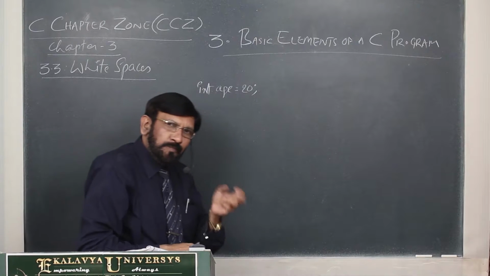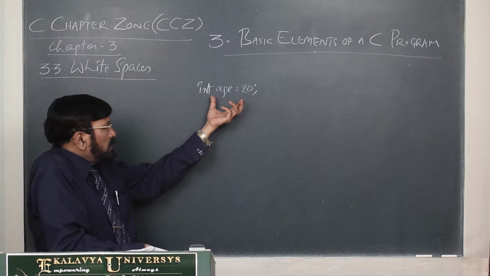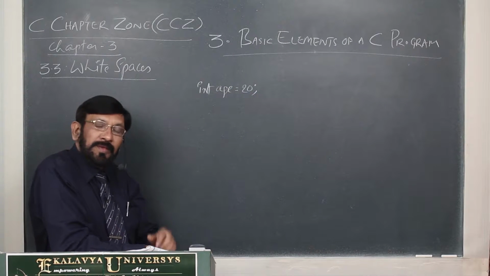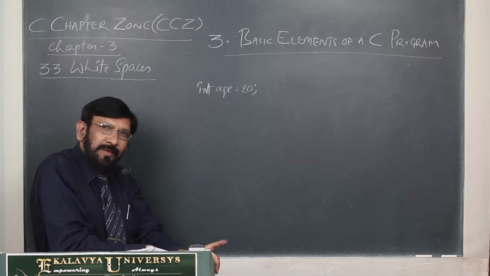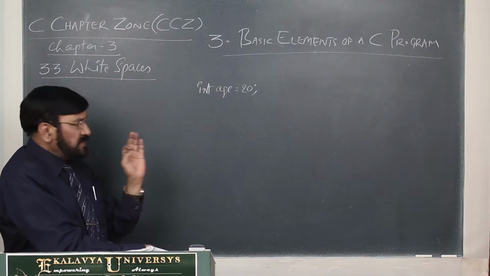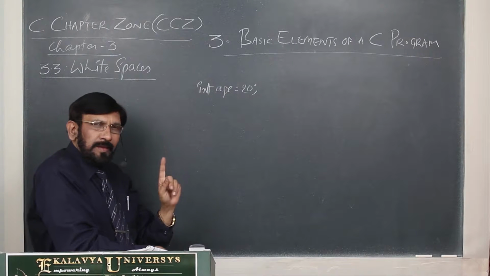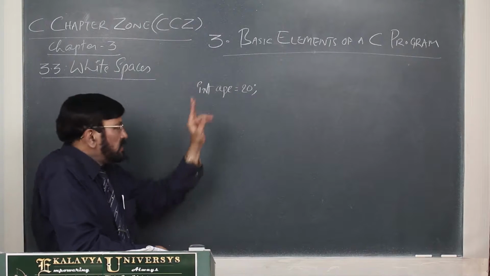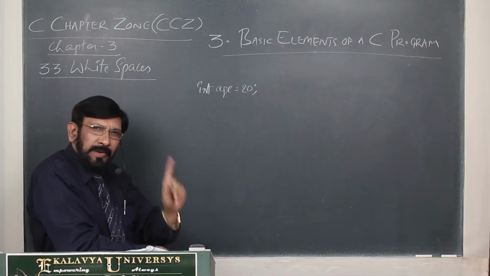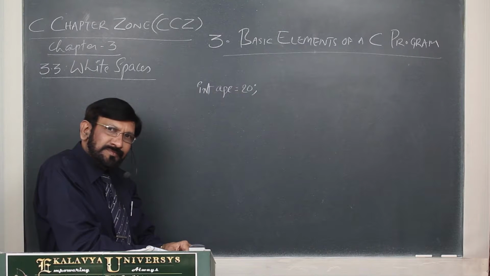So, by composing 5 types of tokens, we have developed a declaration statement. What is the minimum requirement? The syntactical requirement is that 2 tokens should be separated by a minimum of one blank space.